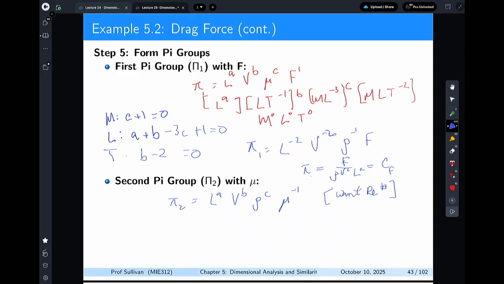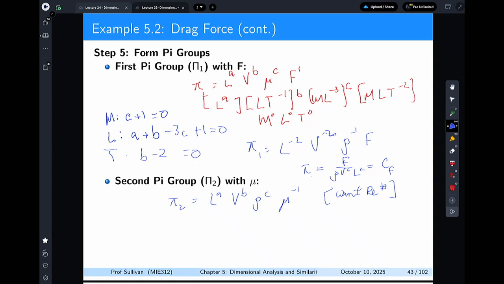You got mu to this exponent c, but how did you get rho to the exponent minus 1, like before that? Which one? How did you go from mu to rho? So I've done all of the additions over here, so all of the terms have to equal 0. So all of the m terms are separated out.